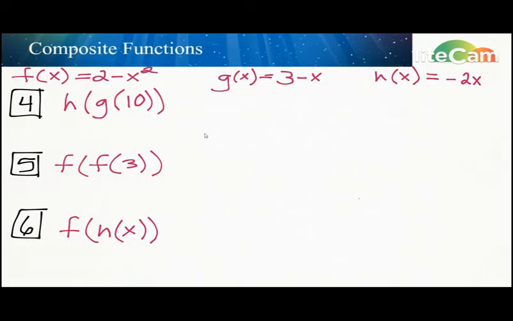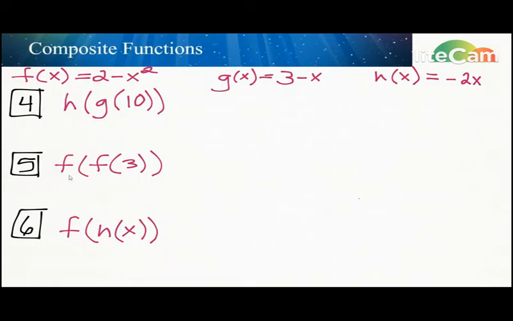So wherever you see the function, remember to use these functions up at the top. If I say f of 3 for number 5, then f of 3 evaluates first, find that answer, and then take that answer and put it right back into f.